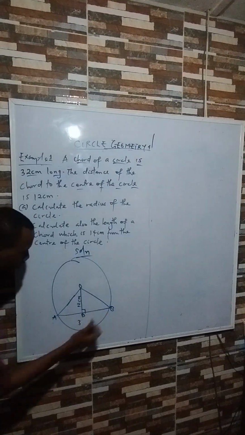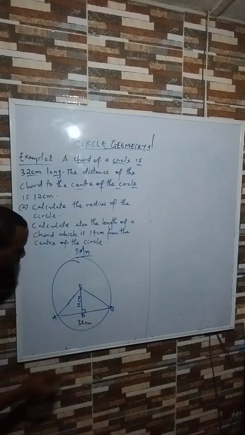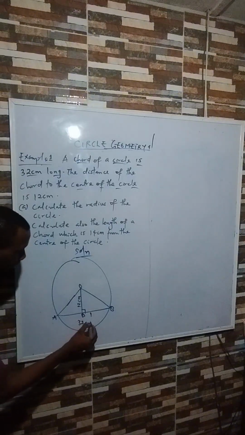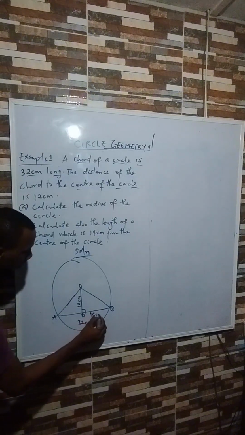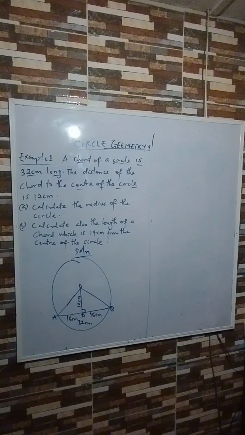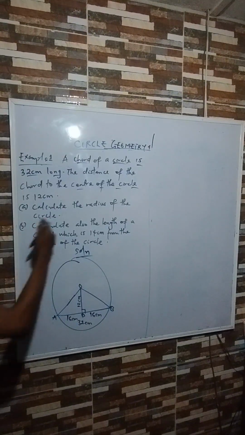Since I know that AB is 32 centimeters, 32 divided by 2 will give us 16 centimeters here, and here will also be 16 centimeters.